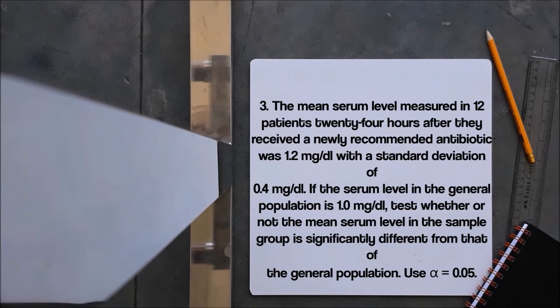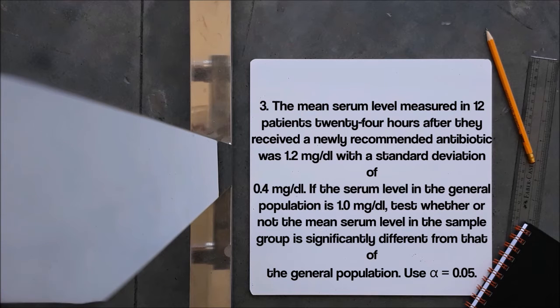Problem number 3. The mean serum level measured in 12 patients for 24 hours after they received a newly recommended antibiotic was 1.2 milligrams per deciliter with a standard deviation of 0.4 milligrams per deciliter. If the serum level in the general population is 1.0 milligrams per deciliter, test whether or not the mean serum level in the sample group is significantly different from the general population.